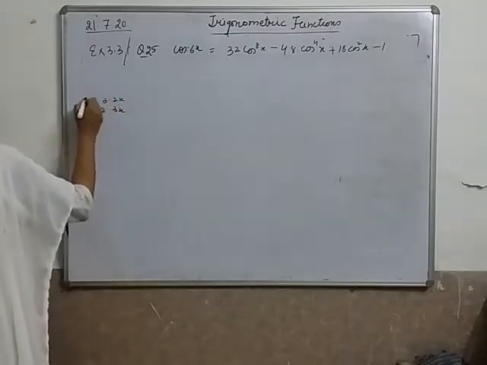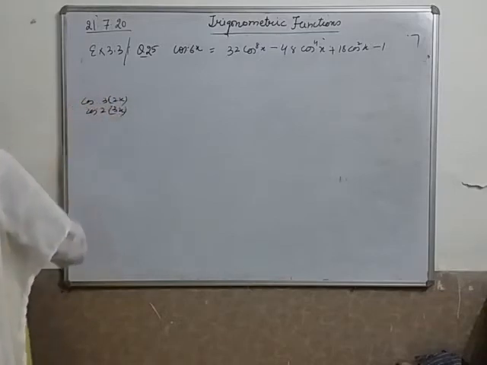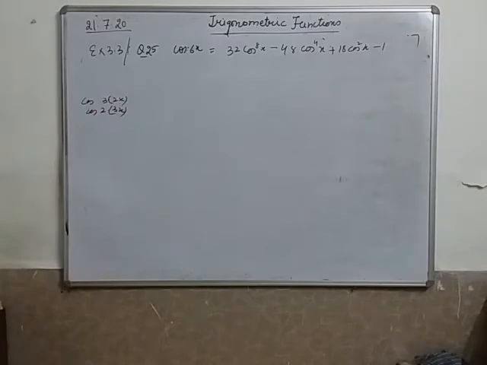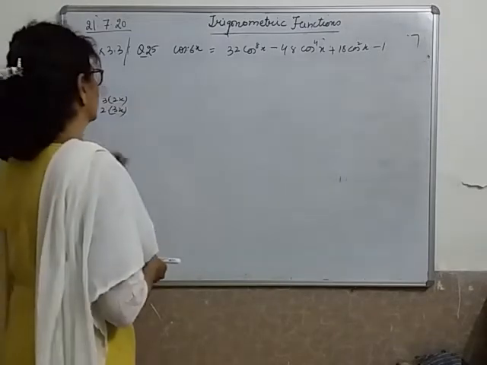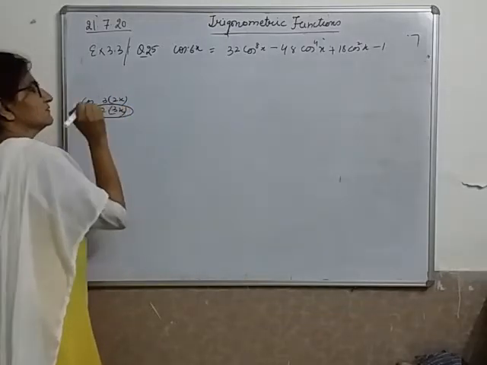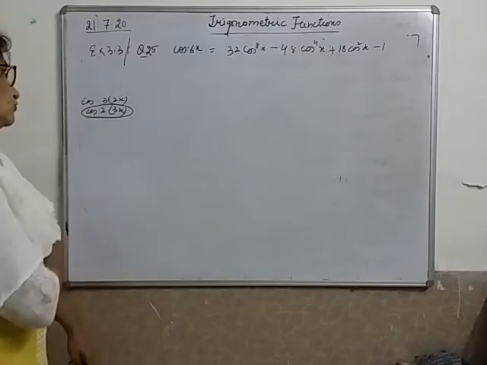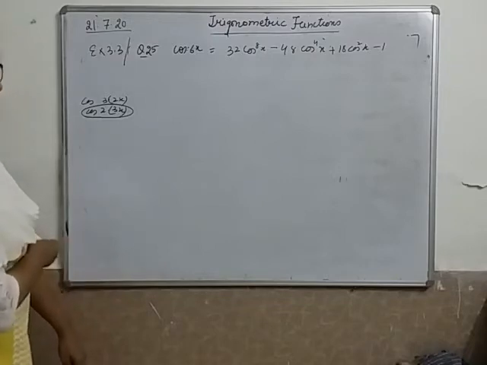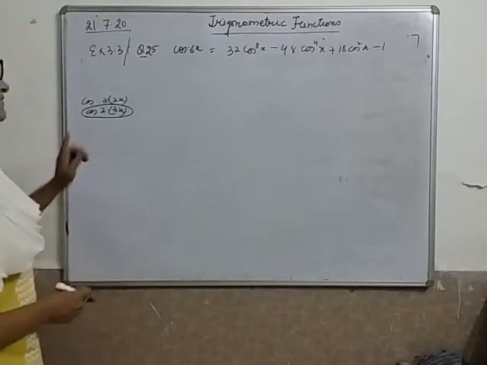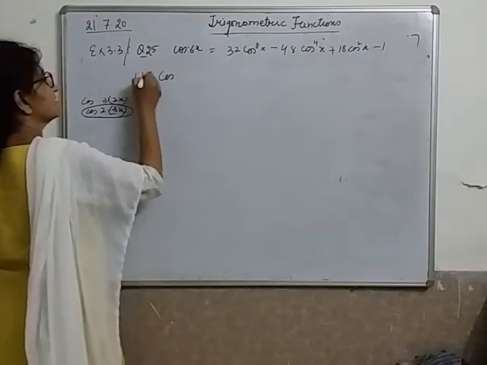So the first time I can apply either the cos 3x identity or the cos 2x identity. Both will be the same, meaning you can solve it both ways. But I personally feel it is easier with this. I always apply cos 2x first, right? So the choice is yours. I always prefer doing it with this, and I feel it is simpler also. So I'm doing this with the left hand side.